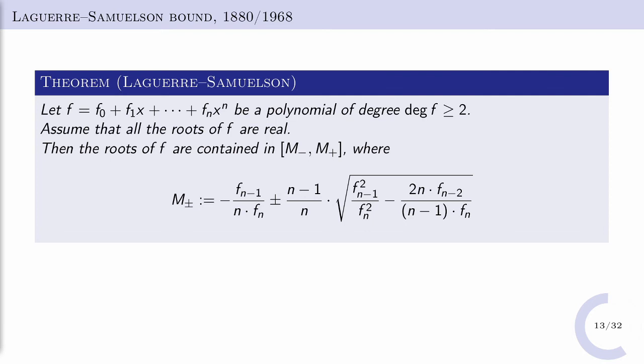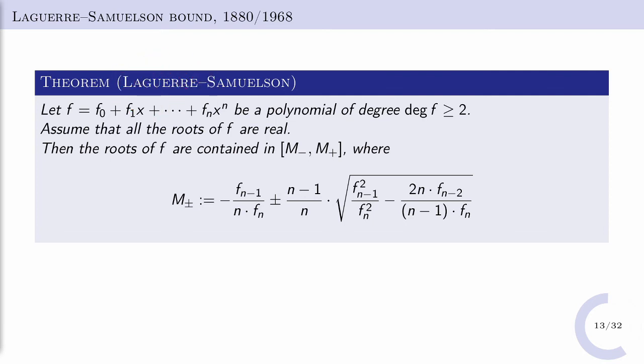Samuelson didn't really work with polynomials. He worked in statistics, and his formula was actually a statistical formula, but after it appeared in 1968, shortly after that it was discovered that the Samuelson formula is in fact equivalent to the old forgotten result by Laguerre.